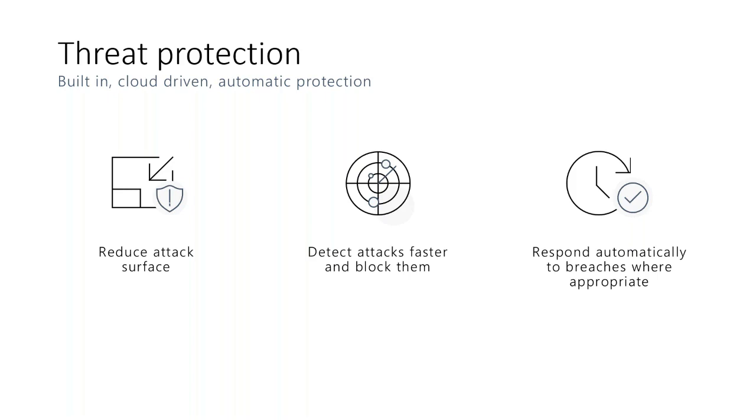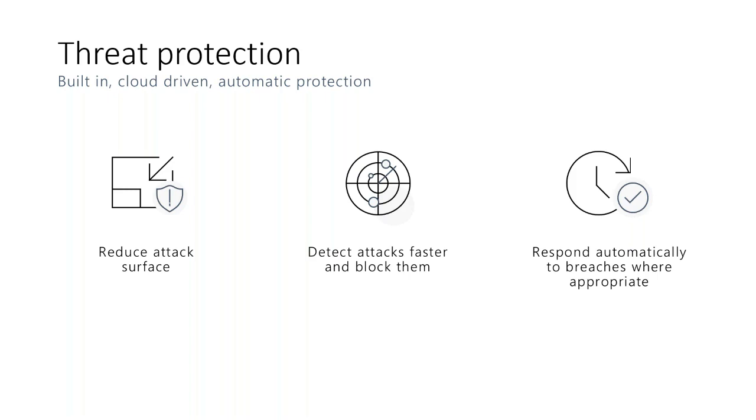So that's point number 3, responding automatically to those breaches when appropriate, especially as we know that so many of these attackers who are trying to get into your organization are also using automated tools. Really important piece there. The approach across protection, detection, and response is to build capabilities into these services in Microsoft 365 rather than bolt them on.